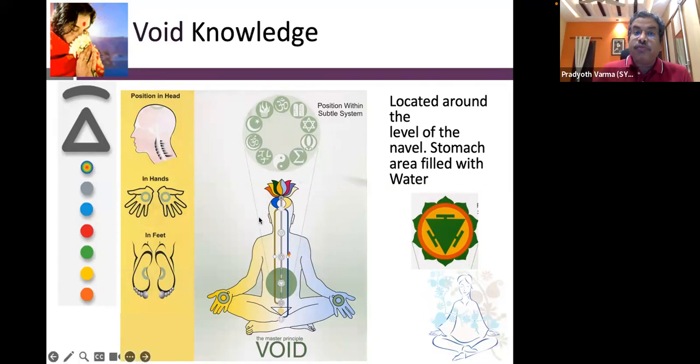Now, how do we feel it? How do we know that the Nabhi is affected? As we know, we feel it in our head also, and we feel it on our hands. So in this hand, this area around the center of the palm is the Nabhi. This is on the left and this is on the right. This is what you can feel.